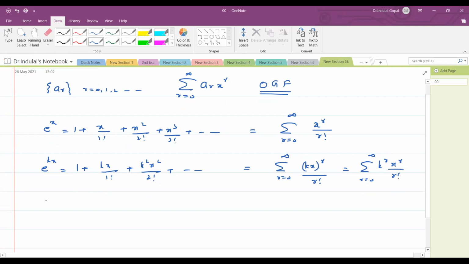Now, given a sequence a r, r equal to 0, 1, 2, 3, etc., we have already defined the ordinary generating function.